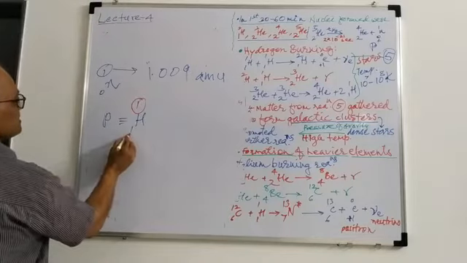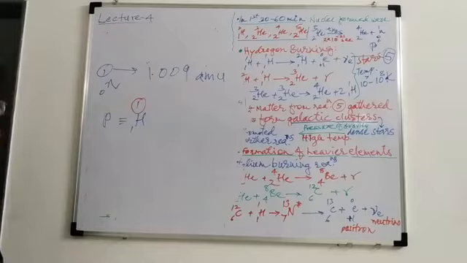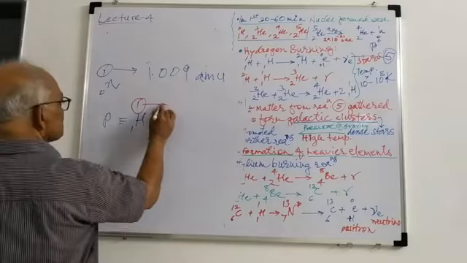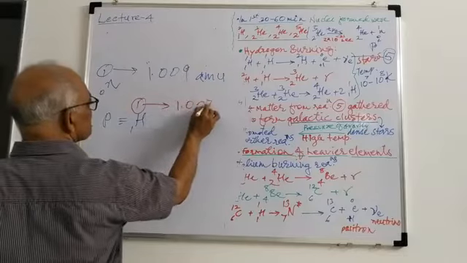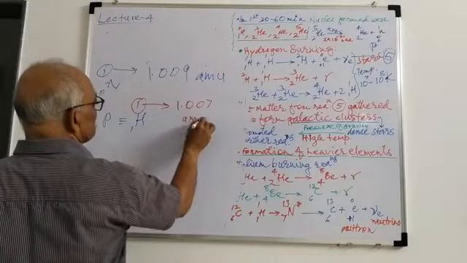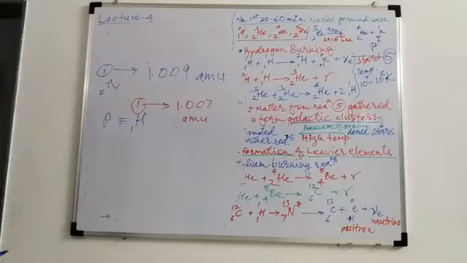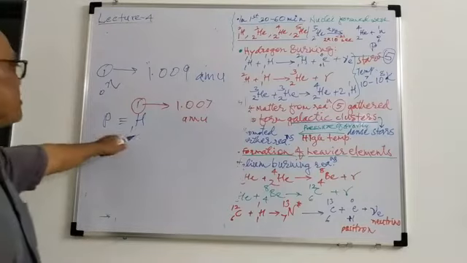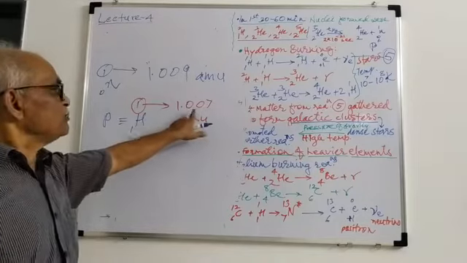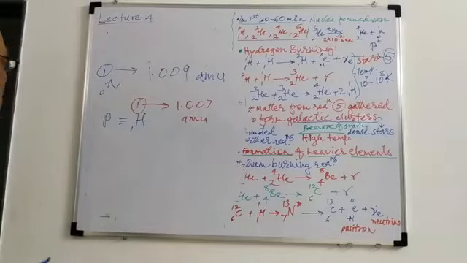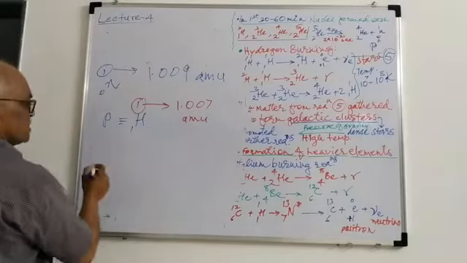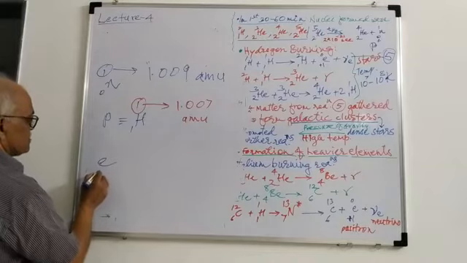This indicates charge, plus 1 charge, and this mass is actually 1.007 AMU, atomic mass unit. So proton has mass 1.007 AMU.